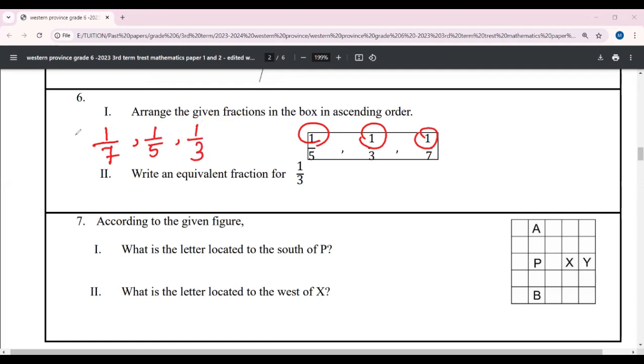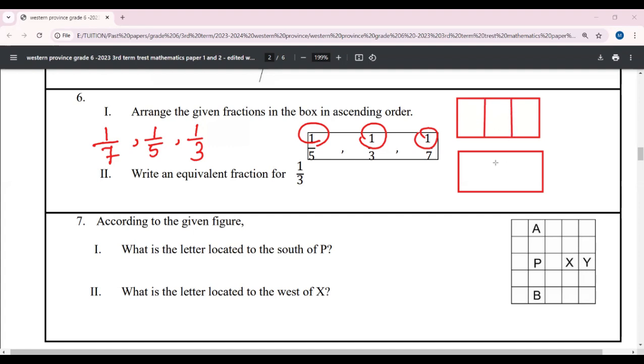If I teach you this graphically, it is something like this. Let's say you have a bar of chocolate, the same size, and you divide this into 3 parts.